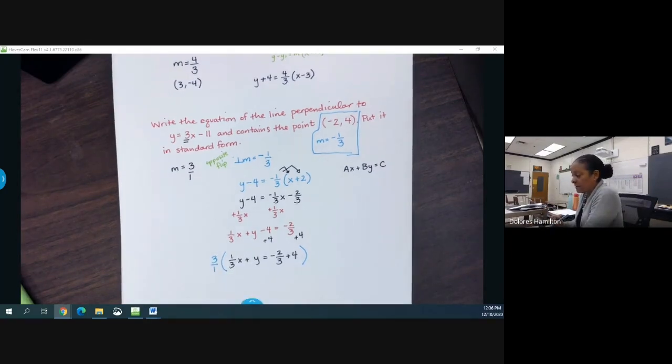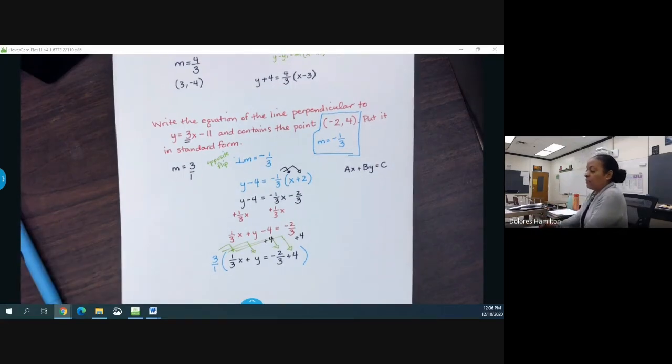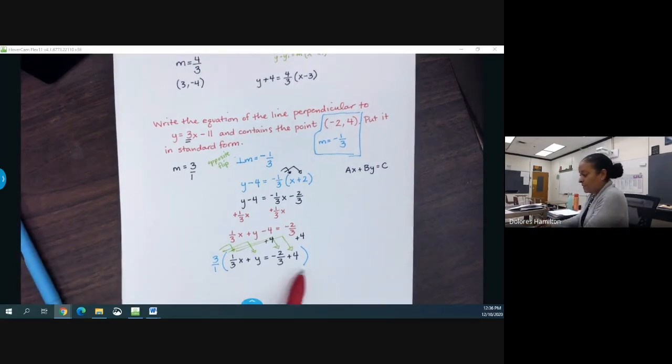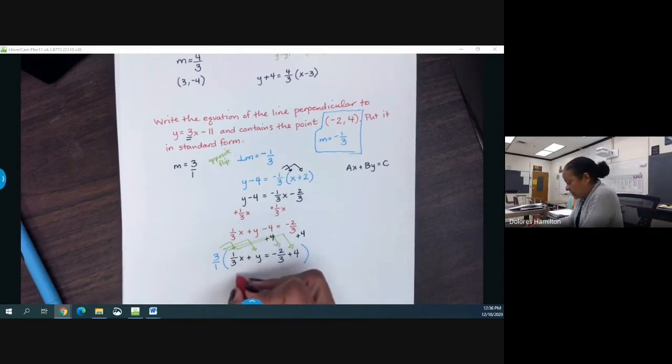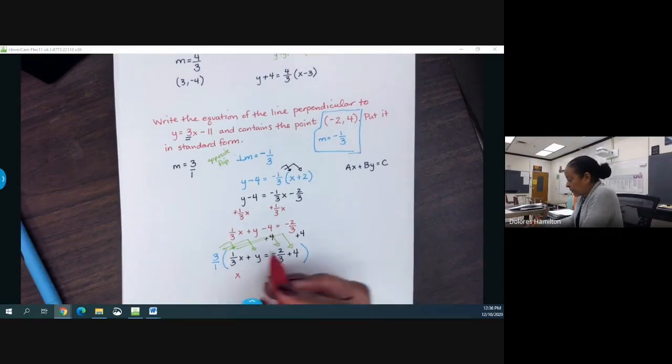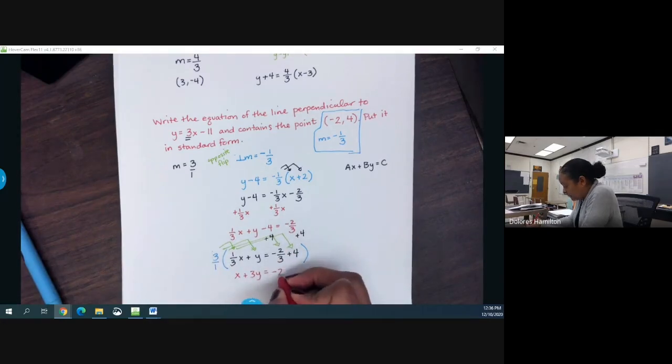Remember, that's the same as 3 over 1. So we're going to distribute that 3 to every term in this equation. 3 times 1/3 x gives us just x. 3 times y leaves us with 3y. The 3 and the 3 here cancel each other out, and that leaves us with negative 2.